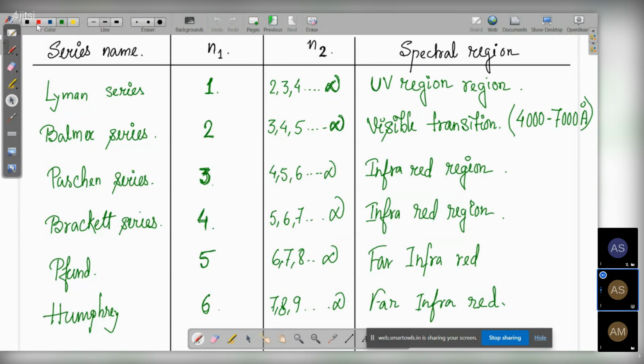Or you can also call this the optical transition, optical region. The Paschen means n1 is equal to 3, n2 is equal to 4, 5, 6, and so on. So these are basically the 6 series that you have: Lyman, Balmer, Paschen, Brackett, Pfund, Humphreys.